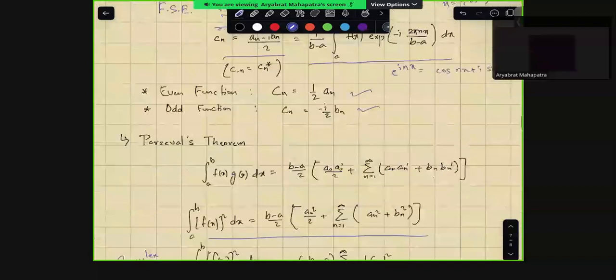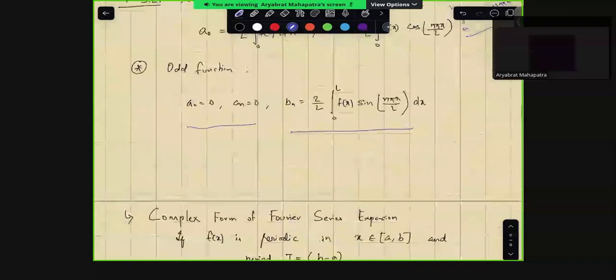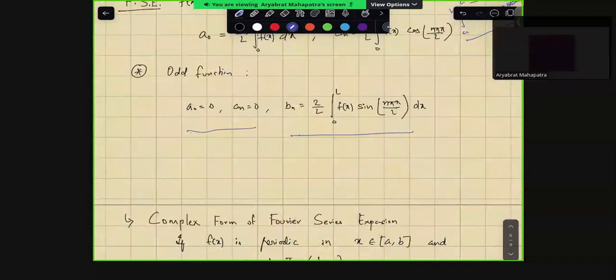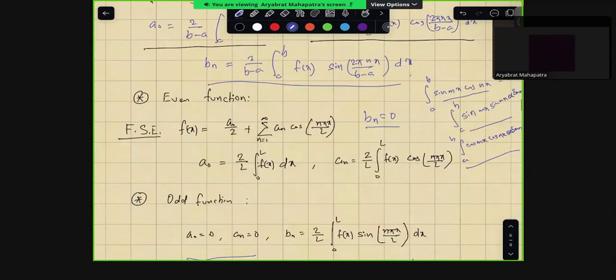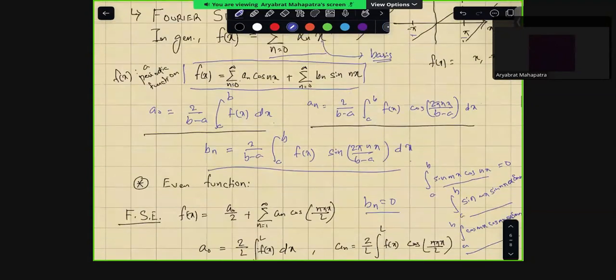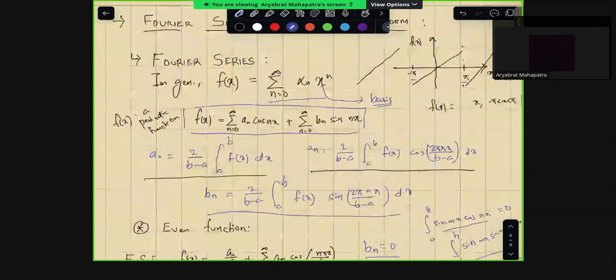So the exam would be pretty much straightforward if you have covered that part. That would be your course on Mathematical Methods 1, which you have registered for in your NPTEL.